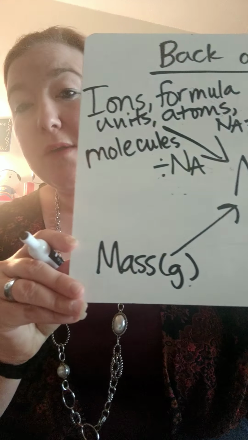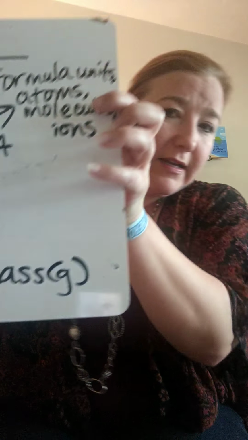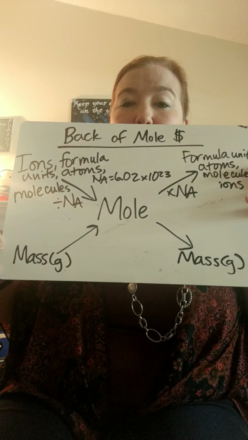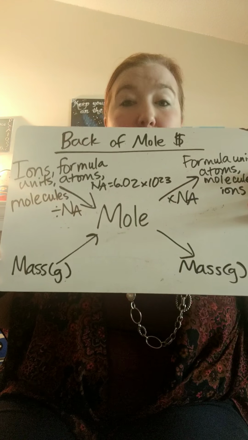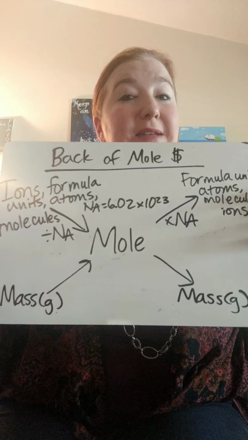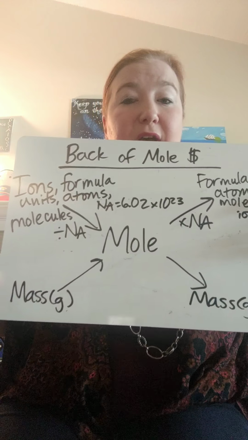Mass is in the bottom left and it's in the bottom right. So to get from the mole to mass, or from mass to mole, I have to use a molar mass. I have to use my periodic table to use those atomic mass numbers, add them up to get a value.